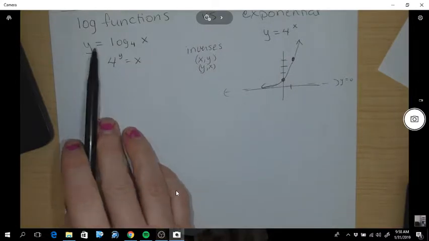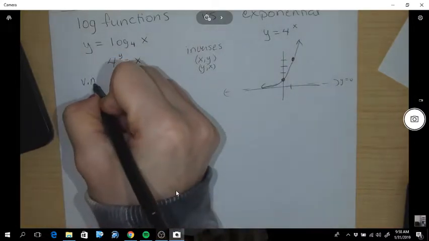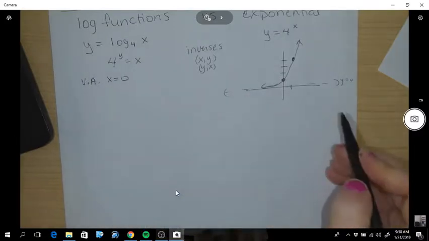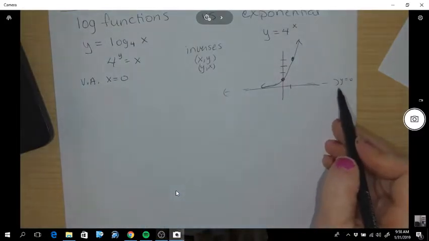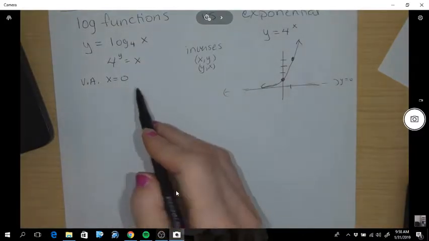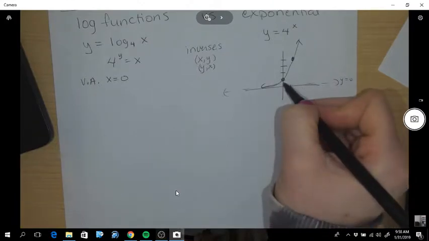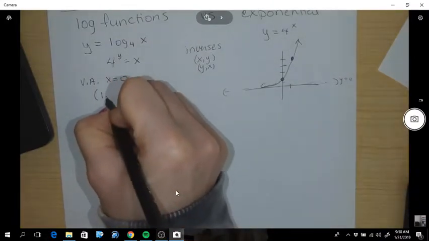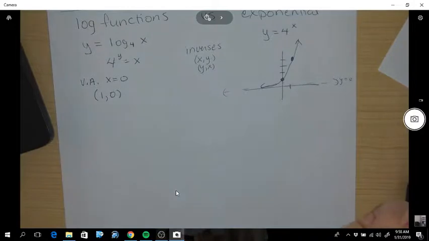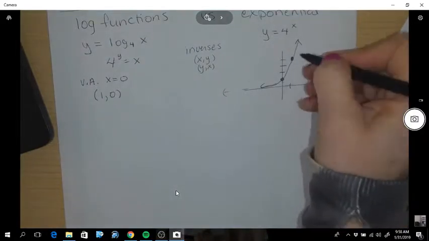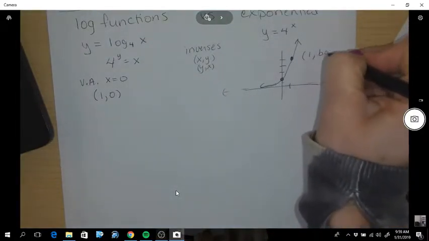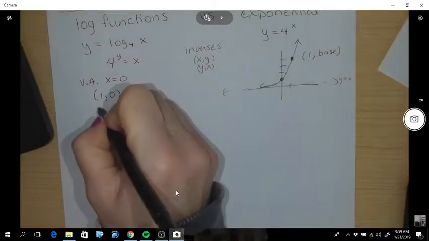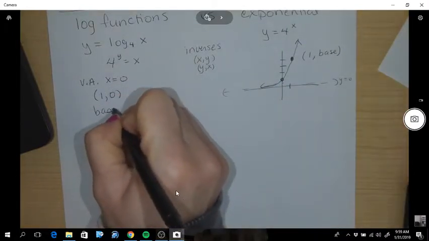We know that we're going to have a vertical asymptote at x equals 0, right? Instead of y equals 0, this is going to have x equals 0. And here, at the point (0, 1), we're going to have the point (1, 0). And there's always the point (1, base) for the exponential, so we're always going to have the point (base, 1) for the log.